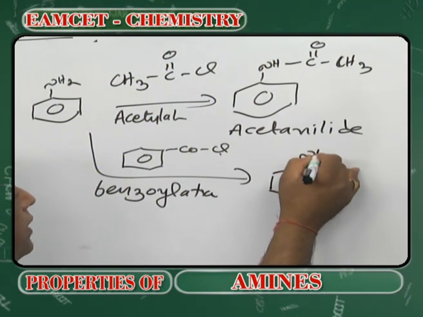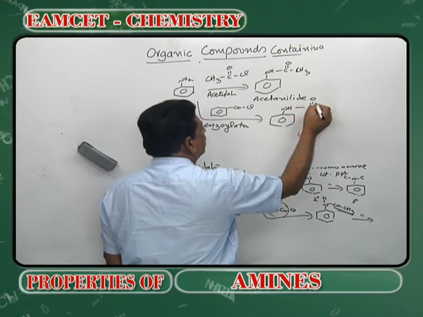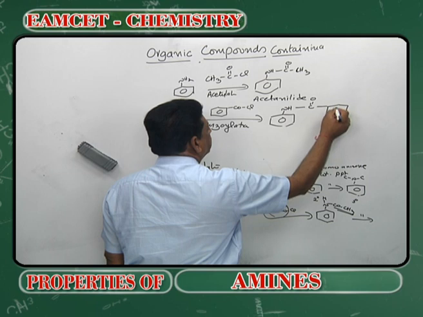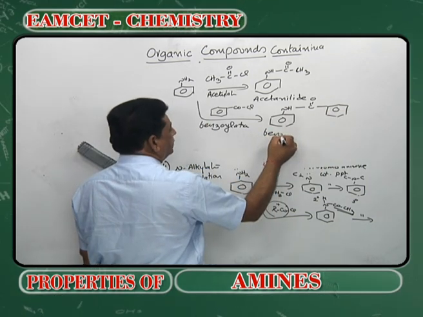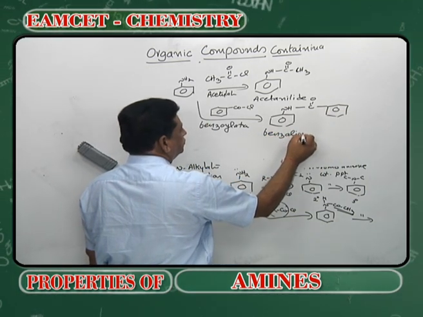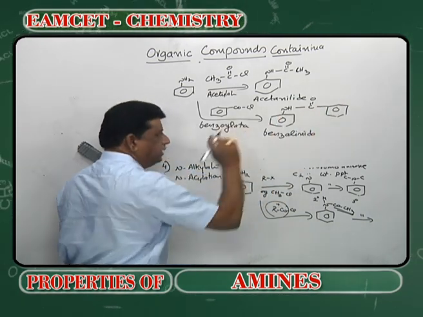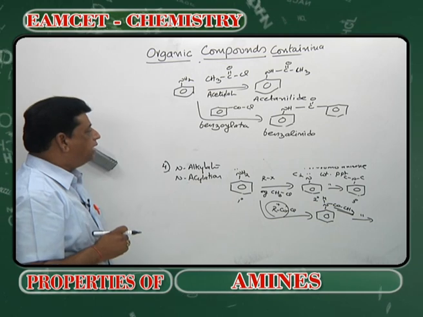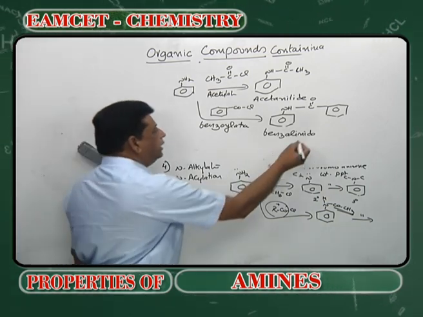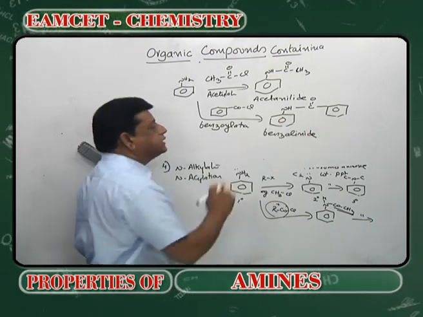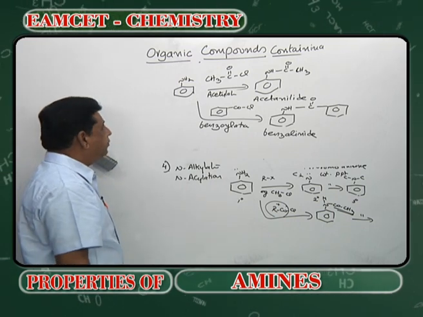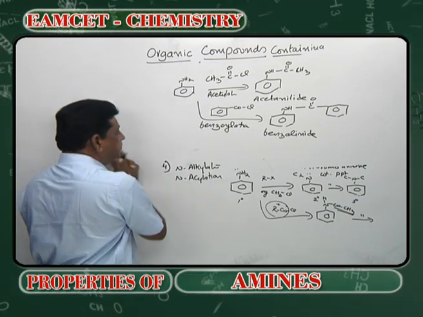Already a benzene with NH is there, and a C double bond O, and again a benzene. This is called benzanilide, a common name. You can call it N-benzoyl aniline. N-benzoyl aniline is commonly called benzanilide. Benzanilide and acetanilide were both asked in previous IIT and EAMCET question papers.